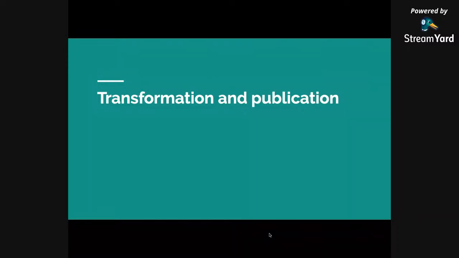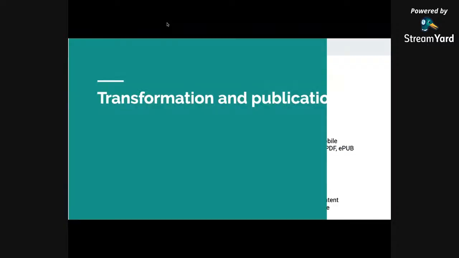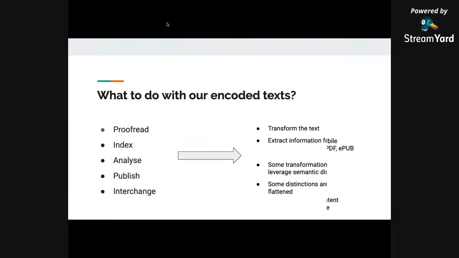Good. So a couple of weeks ago, the Sunoikisis session was focused on text encoding. So now that we have covered how to encode our text, let's have a look at what we can do with those texts. So one obvious thing that we can use visualization for, and in the first instance I'll talk only about visualizing our XML files, is to proofread what we've actually encoded both structurally and semantically.